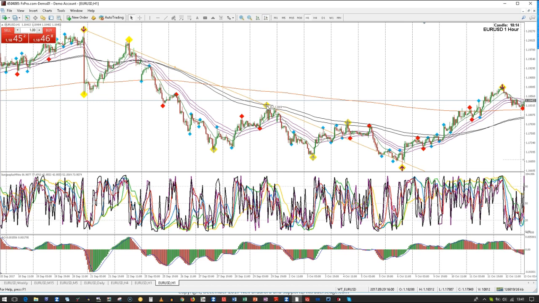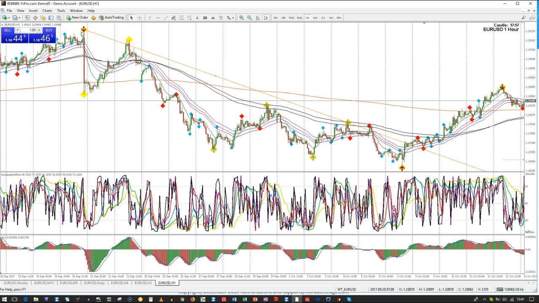Yeah, look at that, when price crosses up through that, and if that's too close for comfort, look at it on that one.